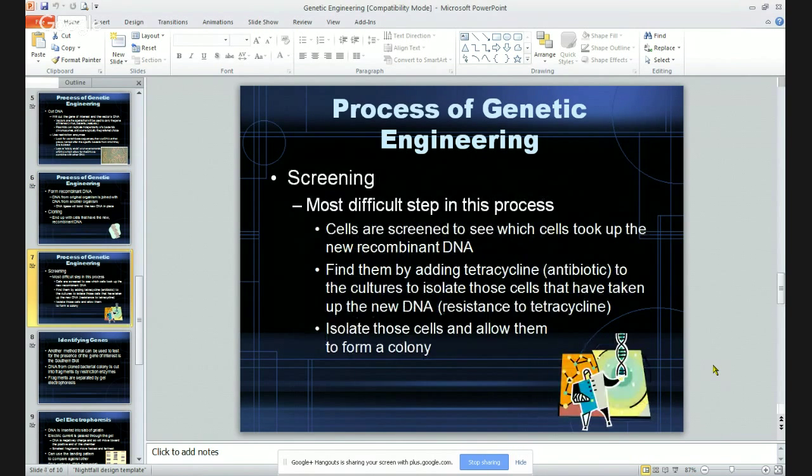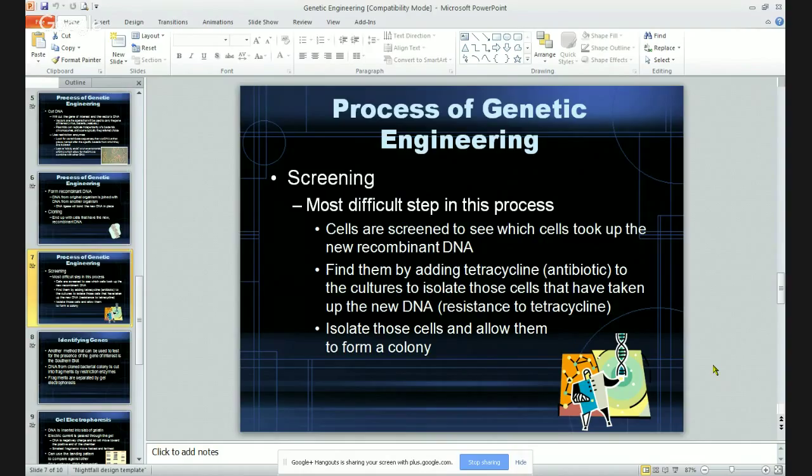The fourth step is the screening step, which tends to be the more difficult step. Genetic engineers will screen those cells to see which ones took up the recombinant DNA. Usually, they're going to add an antibiotic to the cultures to see if those cells have taken up the DNA, because usually the recombinant DNA is resistant to tetracycline.